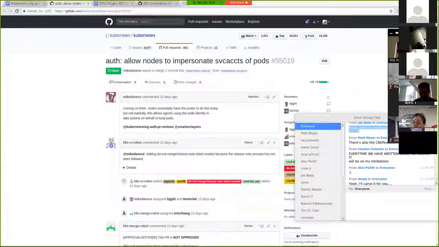I would have had to duplicate that and also add a webhook authorizer if I wanted to build this into a separate process. So I would have had to basically copy all that node authorizer code.